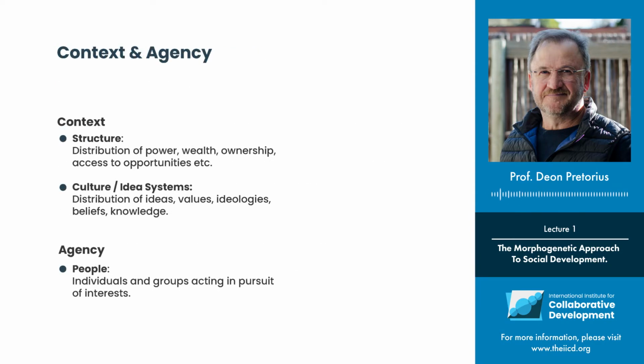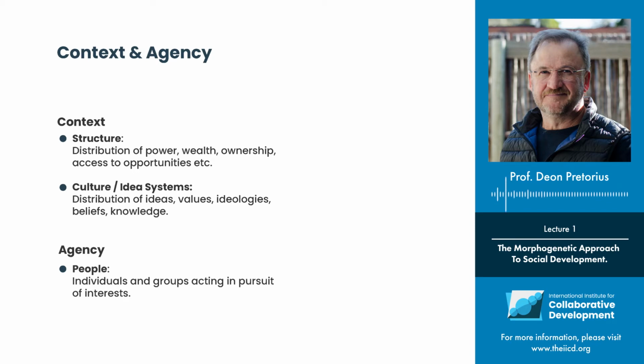Conceptually, two important concepts to understand the morphogenetic approach are context and agency. Context, on the one hand, can be divided into structure and culture, or alternatively, idea systems. Structure then refers to the distribution of power, wealth, ownership, resources, assets, capacity, and access to opportunities to improve life chances.